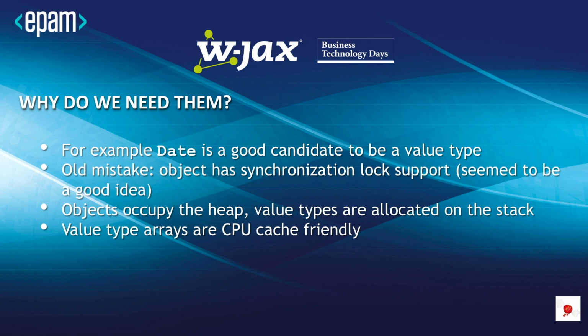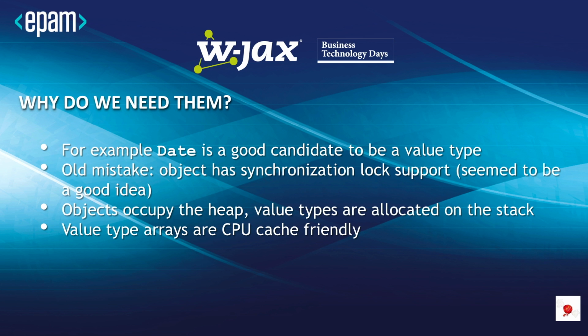And the processor loads a bigger chunk into the processor cache from memory. And then when I want to access the second element of the array, it's already there in the processor cache. If it's just a reference to an object, then I access the first element, then it's a reference. Okay, then I have to go to the memory, fetch the object. Okay, it's there. Then I want to access the second one. If I was lucky and the second object is very close to the first one, it was grabbed together, optimized into the processor cache, then I was lucky.